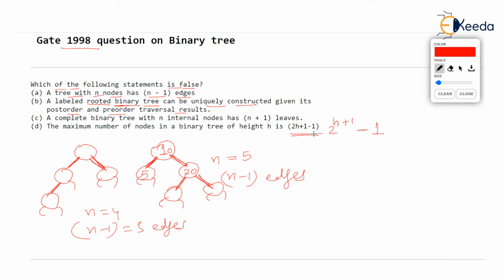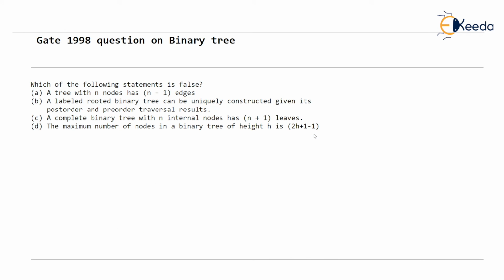So person A creating a binary tree using post-order and pre-order, and person B creating a binary tree using the same post-order and pre-order may get different trees, and both will be correct, but you can't get a unique binary tree. So obviously we already got the answer. They are asking can be uniquely constructed, and option B is false. We cannot uniquely construct. But by the way, we've got the time, and let's see the other options.